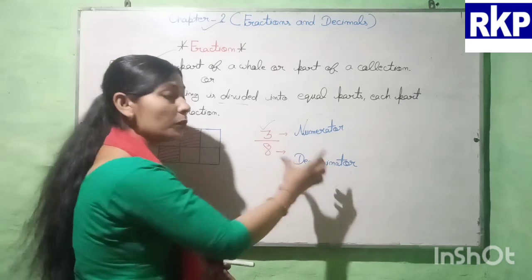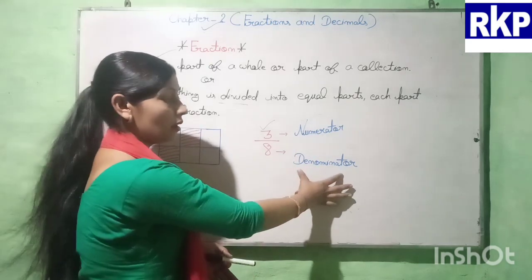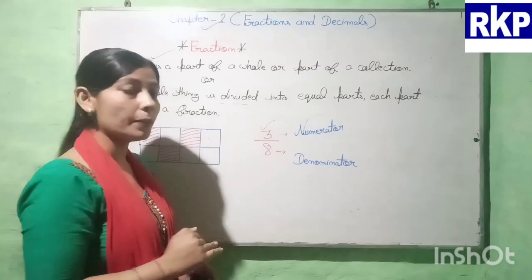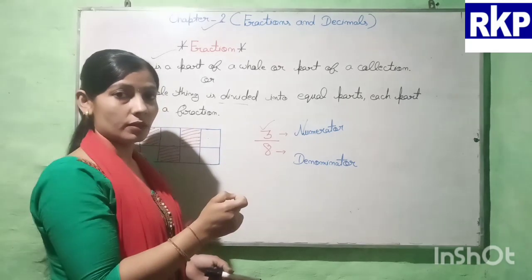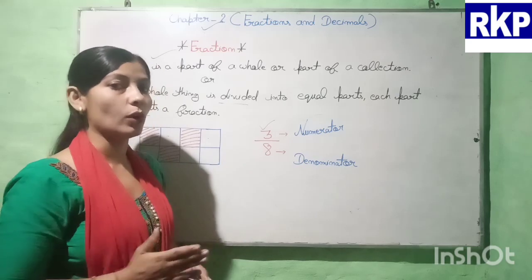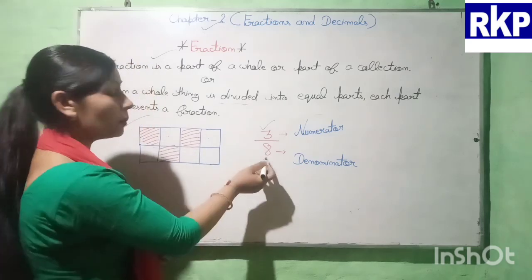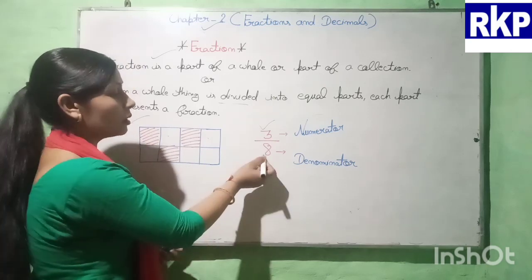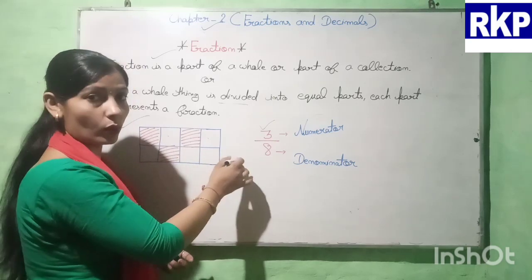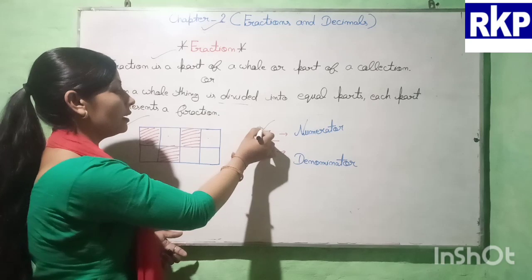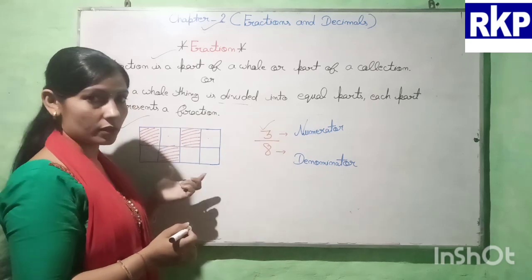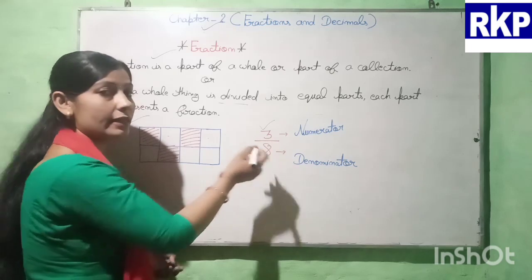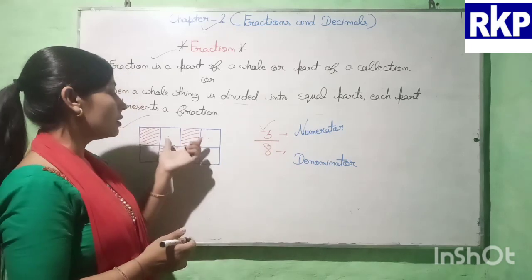The denominator comes at the bottom of the fraction, and it shows the total number of parts of a whole. So here the total parts of this whole are 8, and the shaded parts are 3. So 3 by 8 is the fraction for the shaded portion.